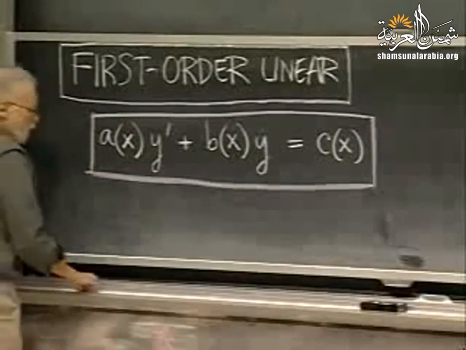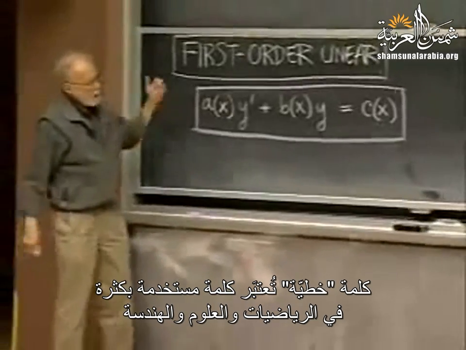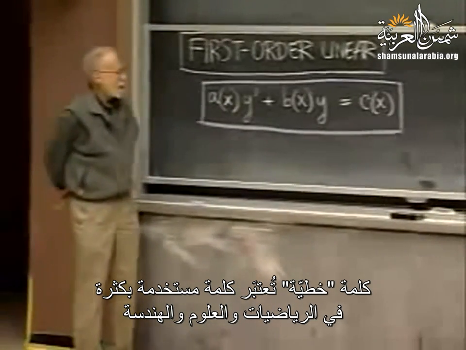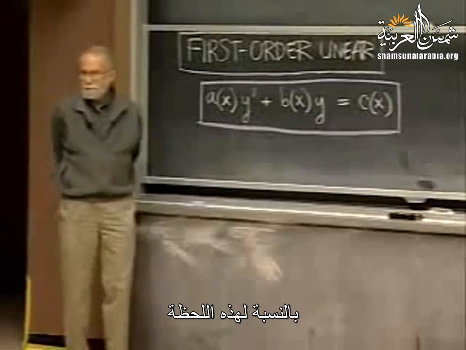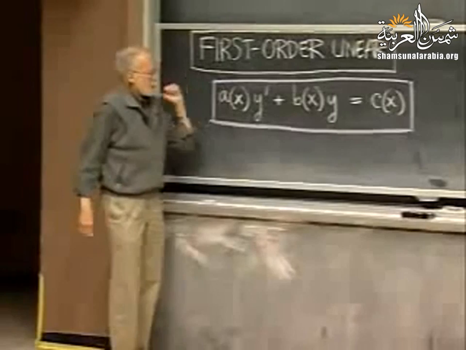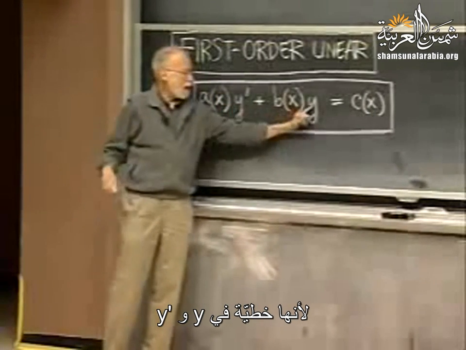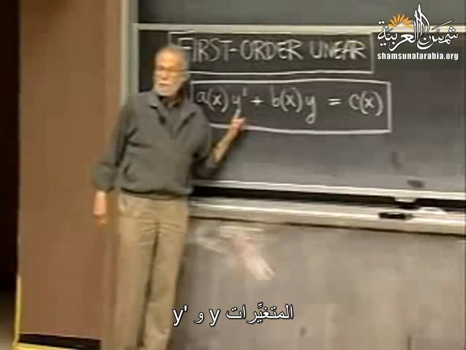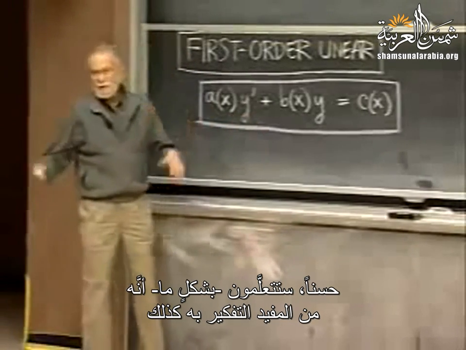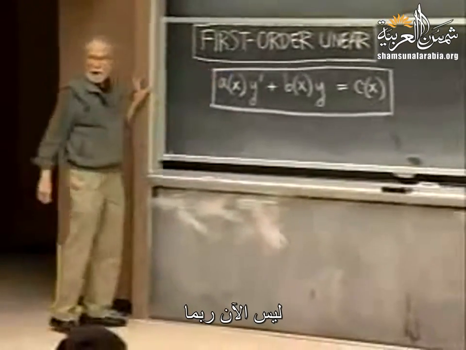Now, why is that called a linear equation? The word linear is a very heavily used word in mathematics, science, and engineering. For the moment, the best simple answer is because it's linear in y and y prime, the variables y and y prime. Well, y prime is not a variable, but you'll learn that in a certain sense it helps to think of it as one, not right now perhaps.